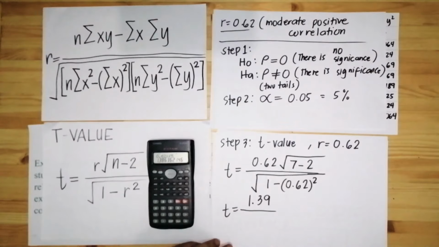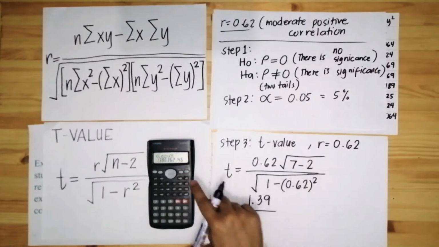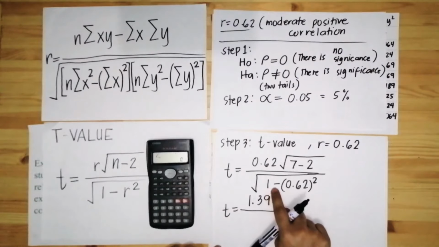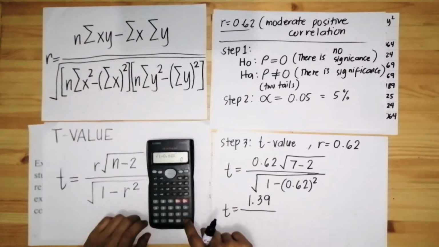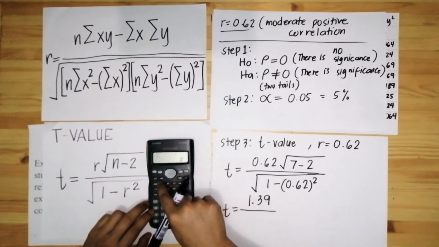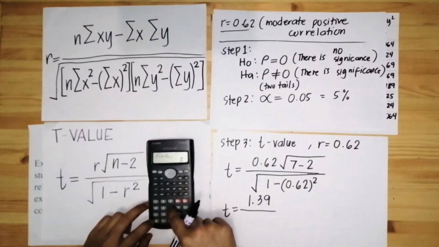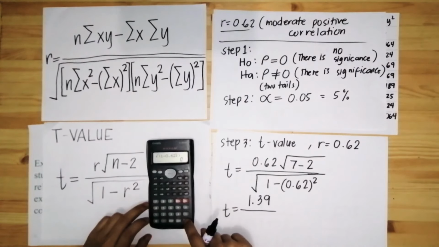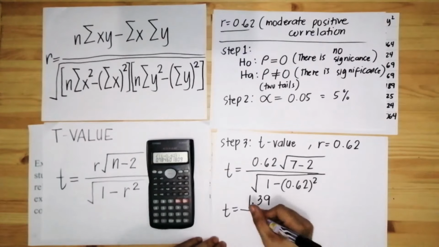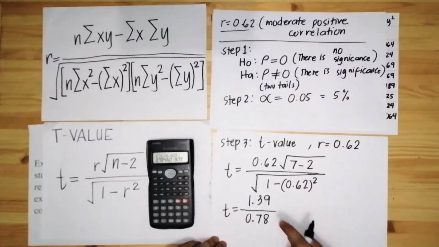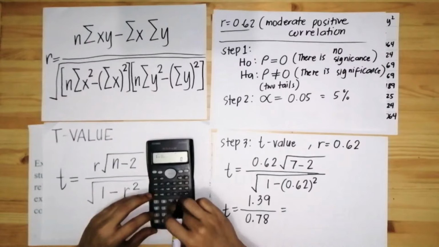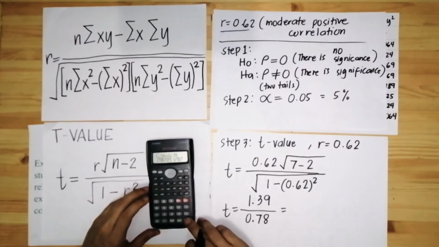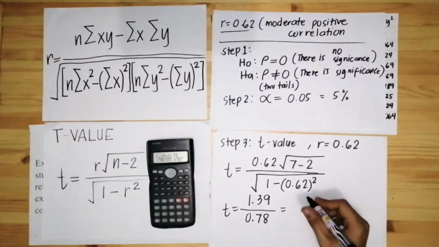Over, ito naman, square root ng 1 minus 0.62 squared. The answer is 0.78. Then, di-divide lang natin yung dalawa. Na-square root na natin. This is equal to 1.39 divided by 0.78 is equal to 1.78.